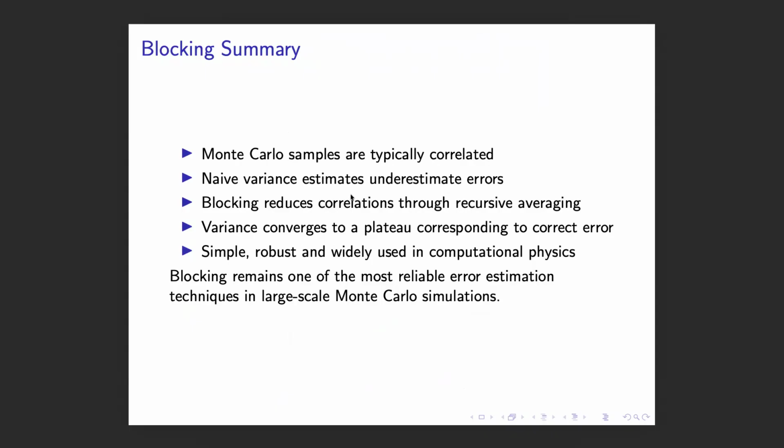The naive variance estimates underestimate errors, and blocking reduces correlations through recursive averaging, and the variance converges to a plateau corresponding to the correct error. So it's a simple method, and it's widely used in computational physics applications. And it's for large data sets. It's typically one of the more used techniques.